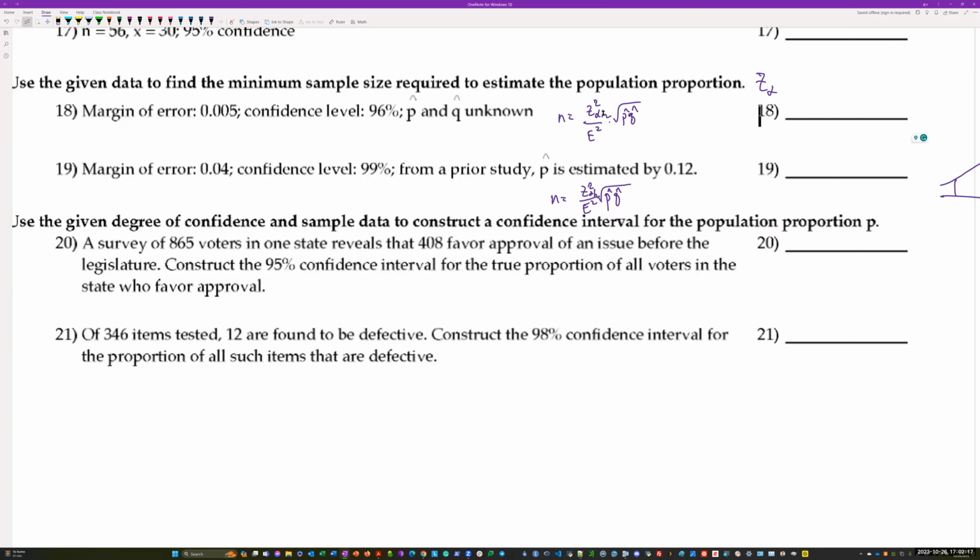Another thing I don't like, which tells me you don't really understand: I don't see a single one of you writing down a picture to try to do this. I drew a curve before, but you're not drawing it.